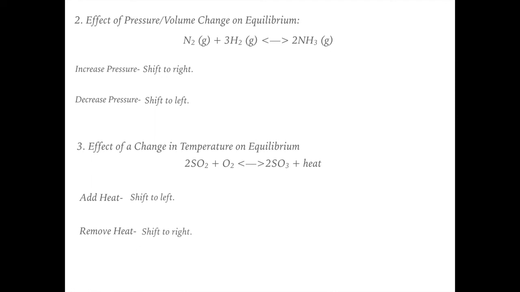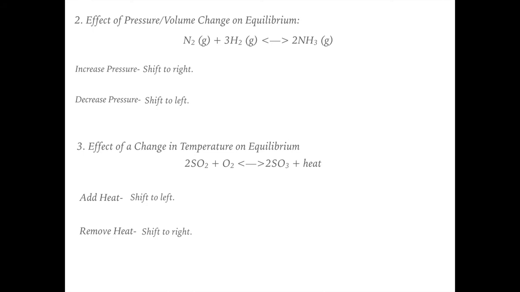Okay, so what exactly do these shifts mean? If we look back at the effects of pressure, if I'm shifting to the right, what that means is I'm going to increase the amount of NH3 I have, and I'm going to decrease the amount of N2 and H2. However, if you look for SO2 and O2, it's super similar, okay?